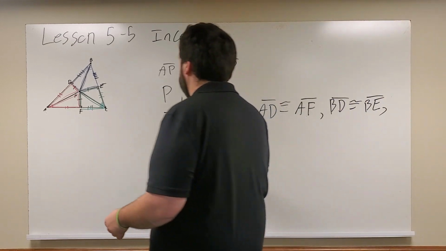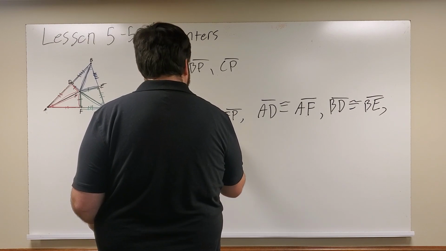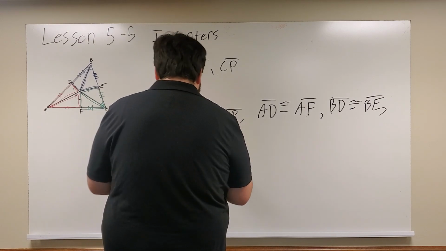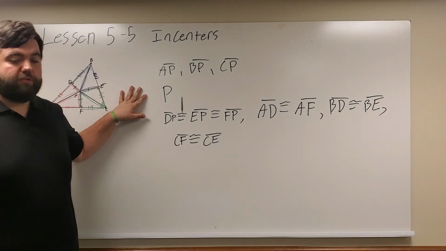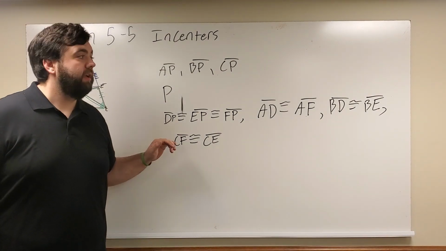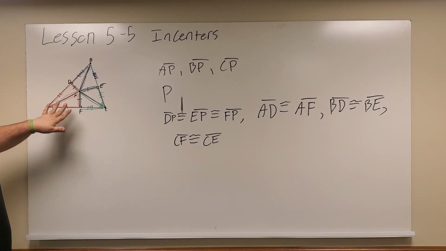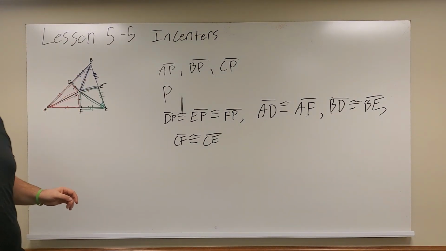And finally, CF is congruent to CE. Alrighty, so this should be number 1, number 2, and number 3. So hopefully with the shading and breaking up the triangles to show the pairs, this will make a little sense.